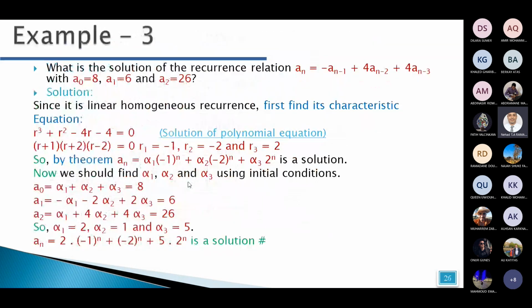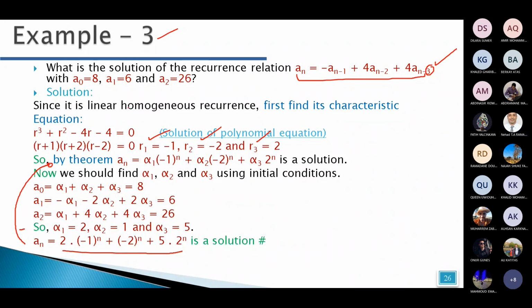For the first theorem, all the examples we took so far, we have here 2 terms, and we have 3 terms here in this example. So t equals 3, and we have k equals 3.